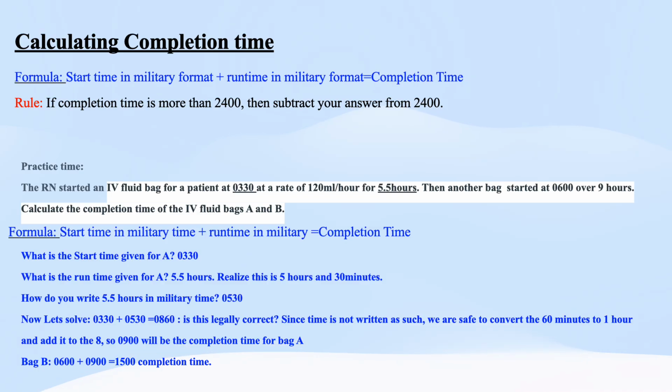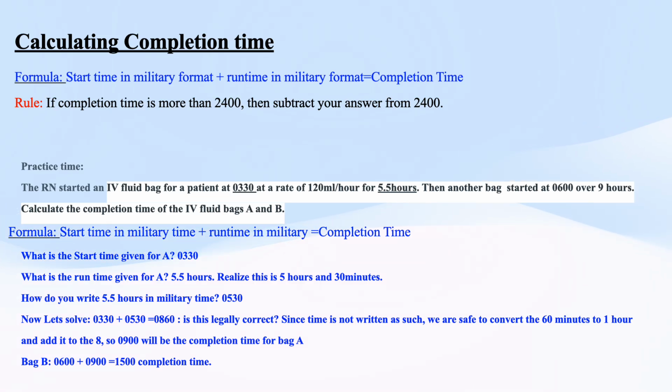All right. So in this slide, we are going to talk about calculating completion time. Completion time also has a formula. Find the starting time given to you in the problem, often written in military format. If it's not written in military format, you are expected to write it in military format. Add it to your runtime also in military format, and that's it.